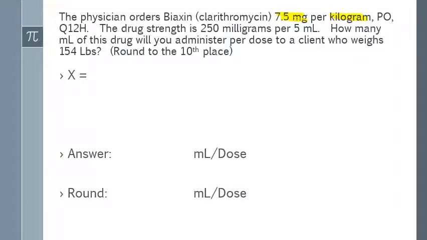That's orally every 12 hours. The strength or the supply is 250 milligrams per 5 milliliters. We're solving for how many milliliters you are going to give of this medication to a client who weighs 154 pounds. And then we want to round to the tenth placeholder.